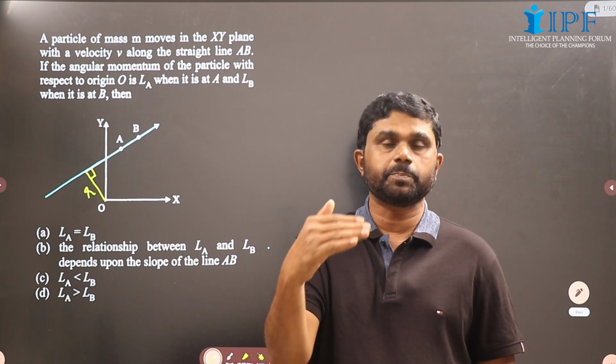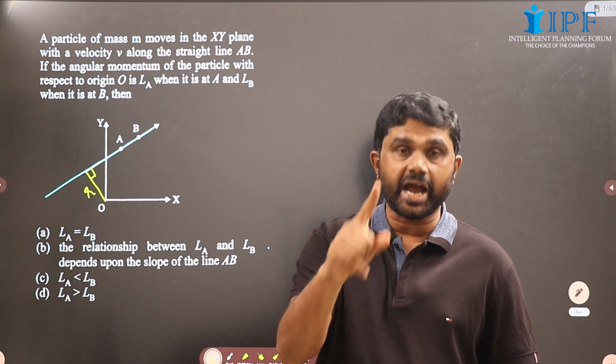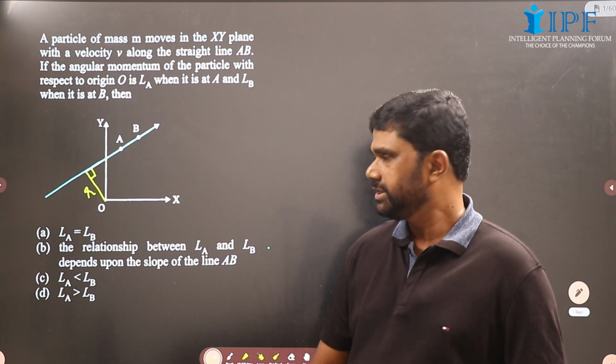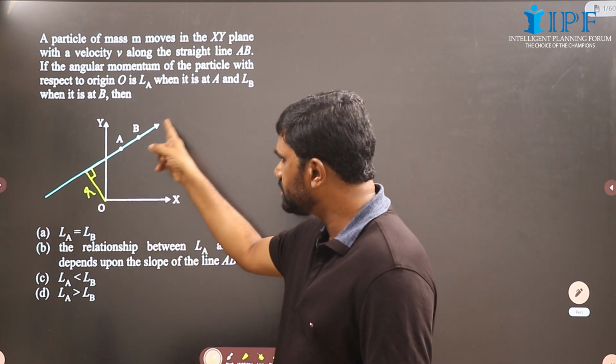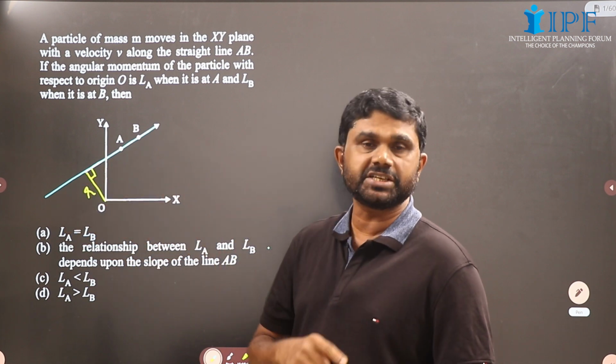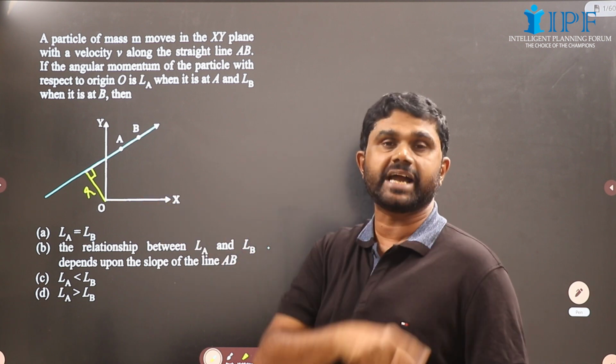Lever arm means the perpendicular distance from the reference point or axis to the line along which the linear momentum is acting. This is the line along which the particle is moving, along which its linear velocity is directed.